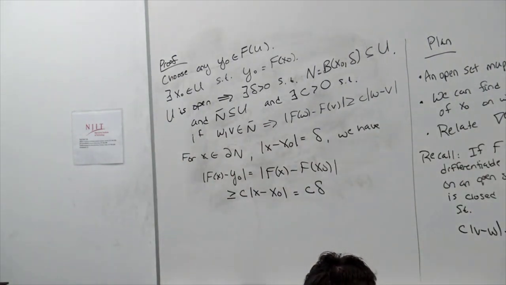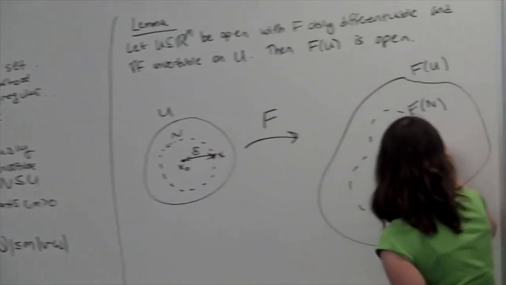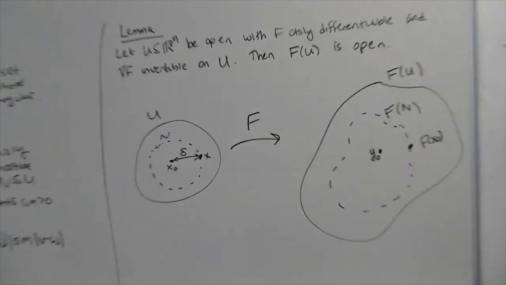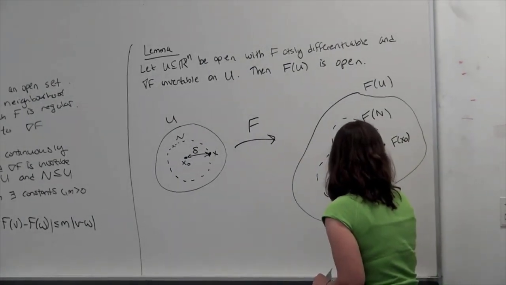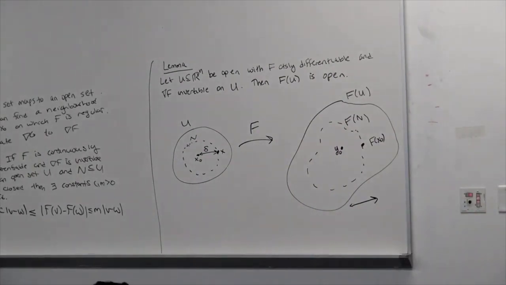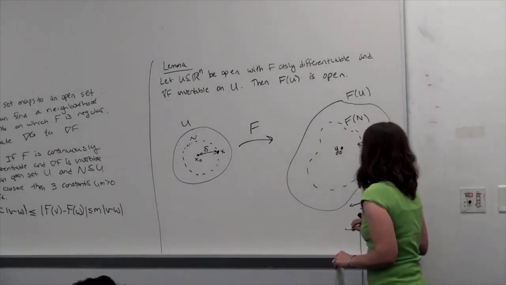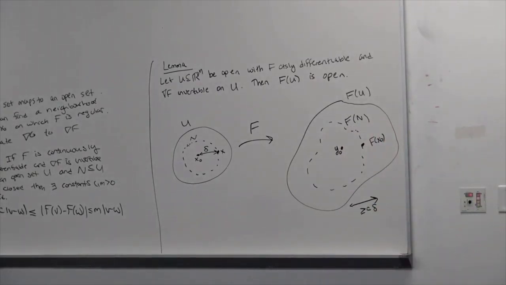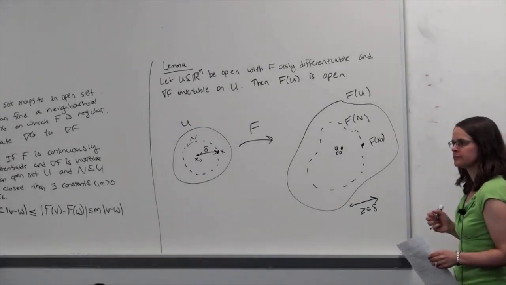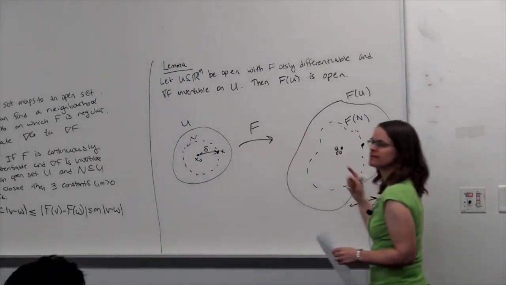Okay, so what happens here? If I took my x here and it landed, say, somewhere out here, then this distance between them is at least c delta. Maybe more, but at least c delta. And if I took a different point, again, it would be at least c delta.